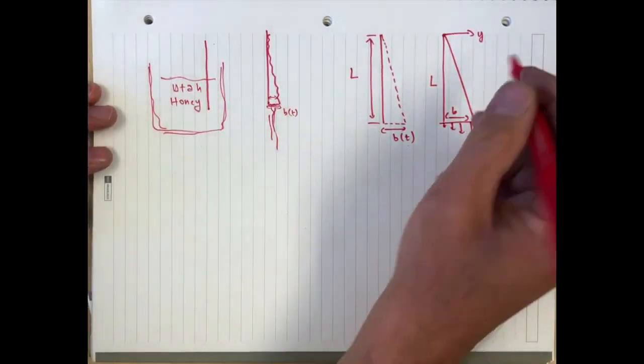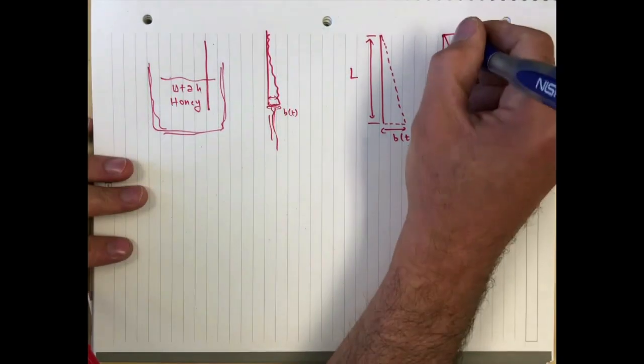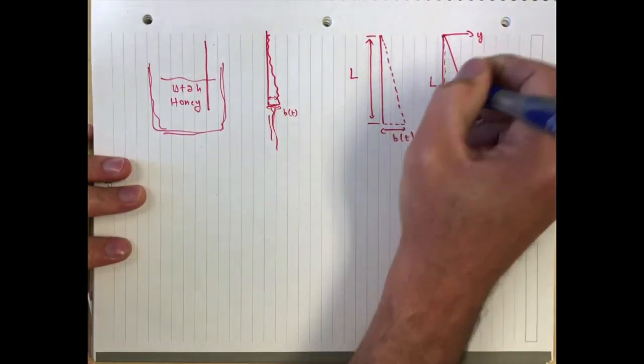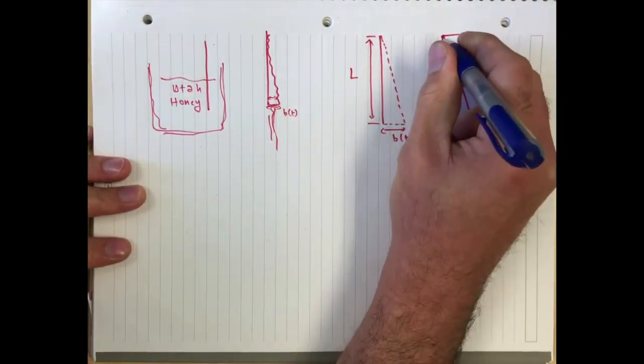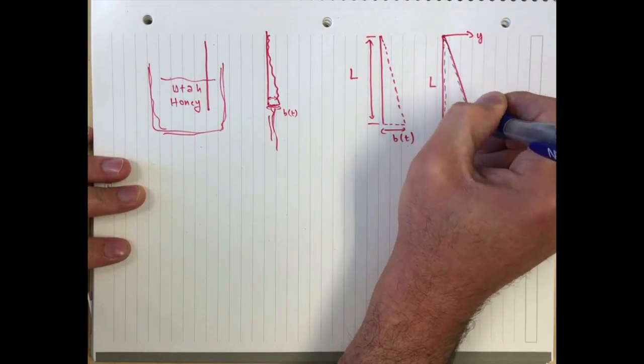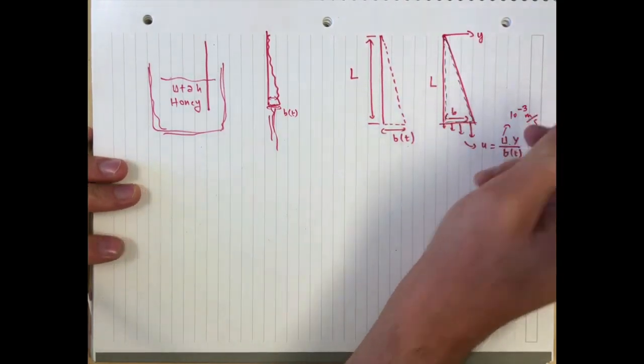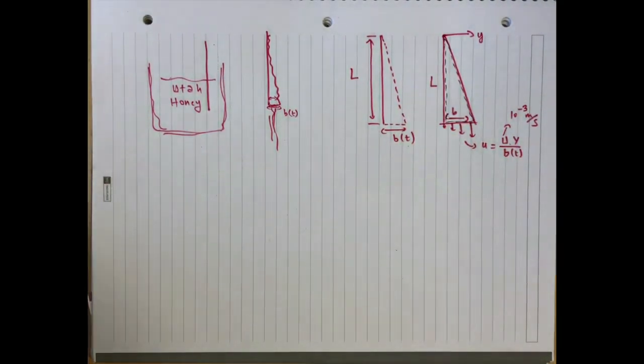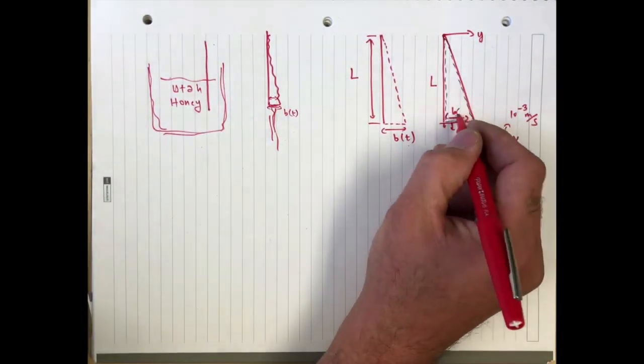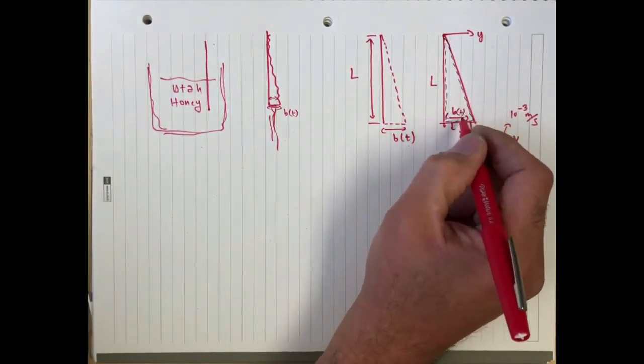So we simply take this as our control volume. Now, strictly speaking, this control volume is deforming, but we're going to neglect the deformation rate, and we're just going to strictly be approximating this change in the width b.